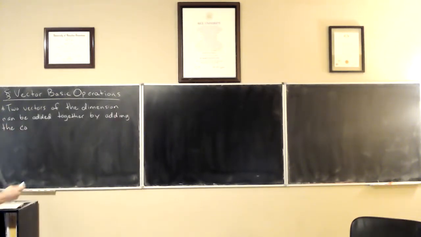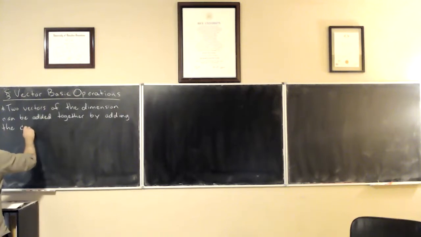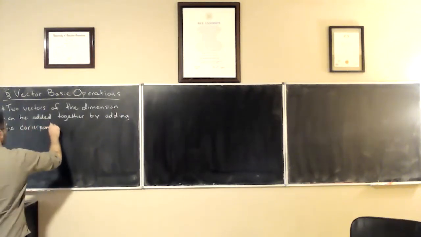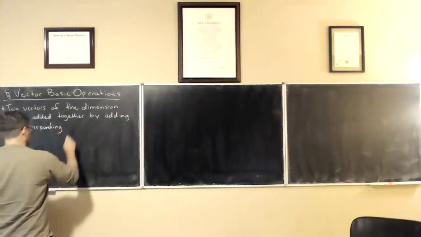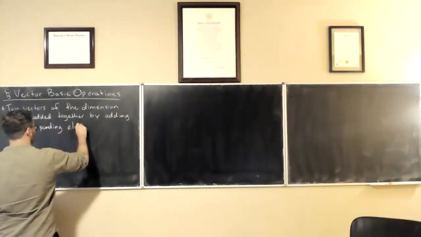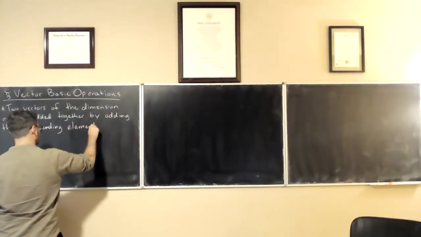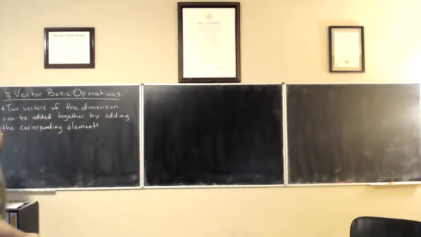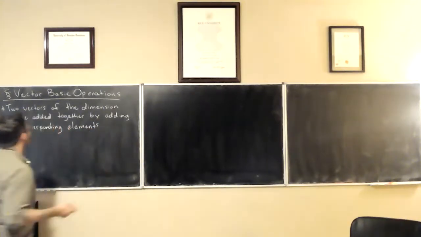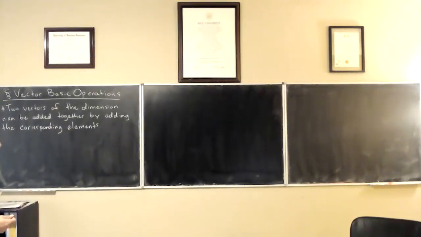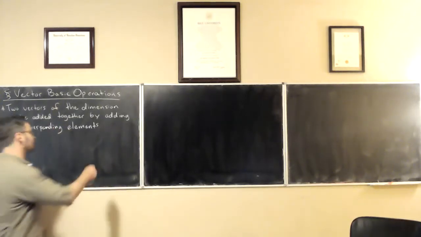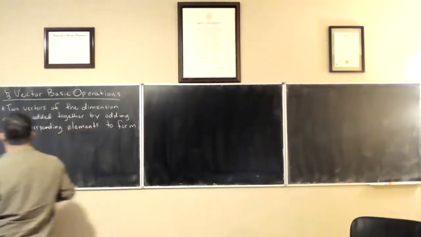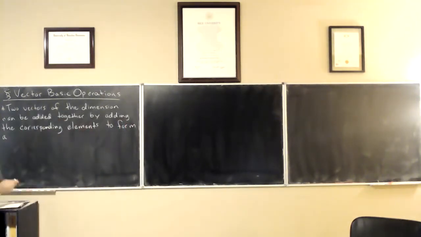Or not components, elements, same thing basically. And this will result, so two vectors of the same dimension can be added together by adding the corresponding elements to form a new vector of the same dimension.